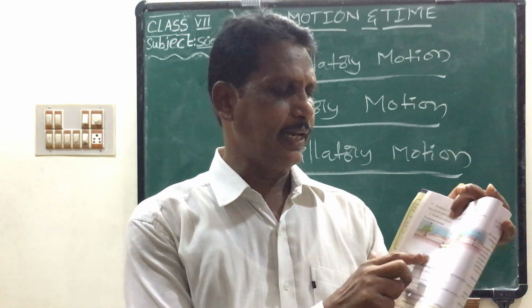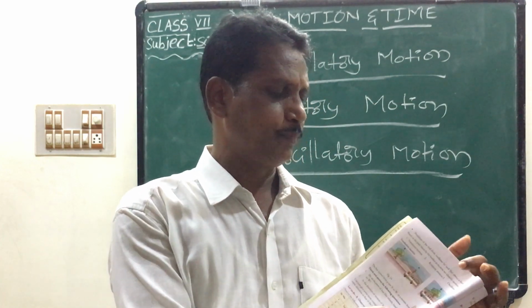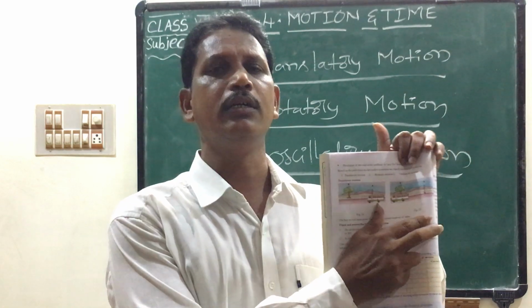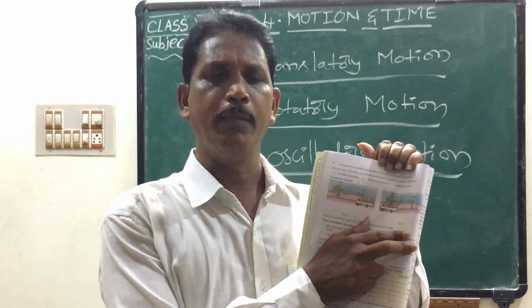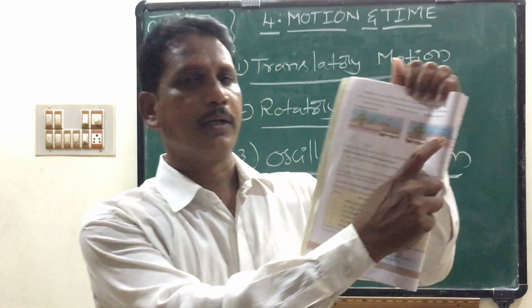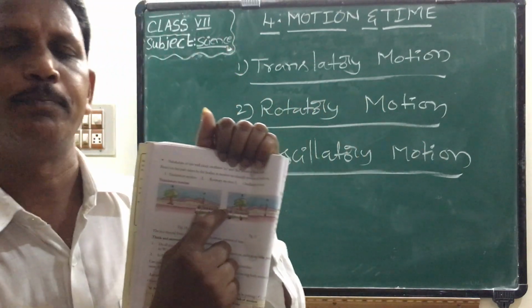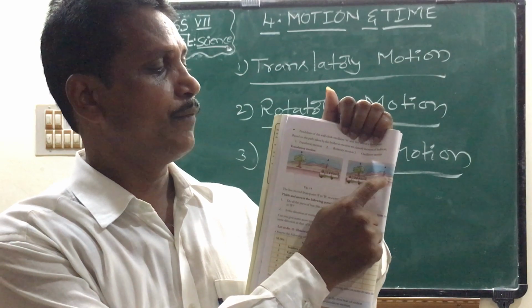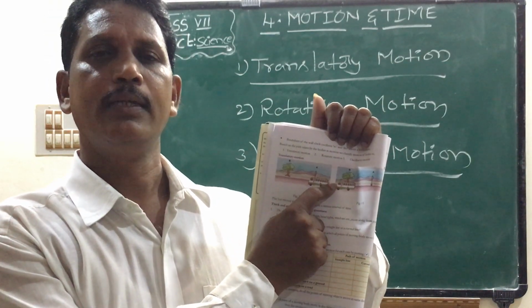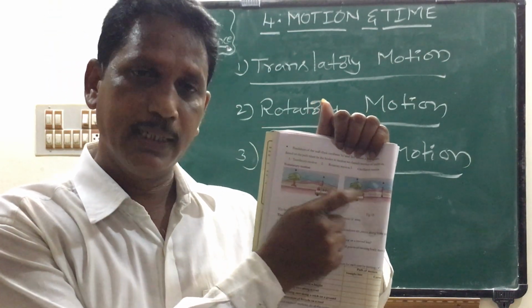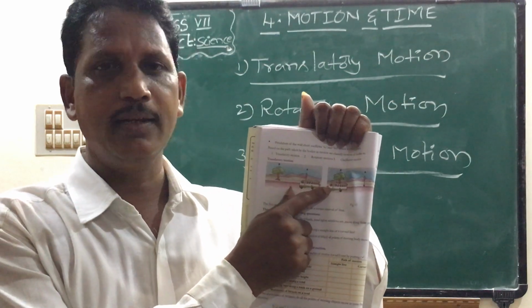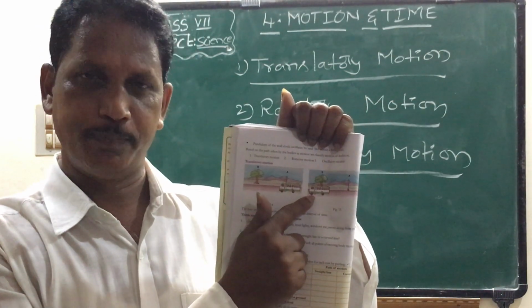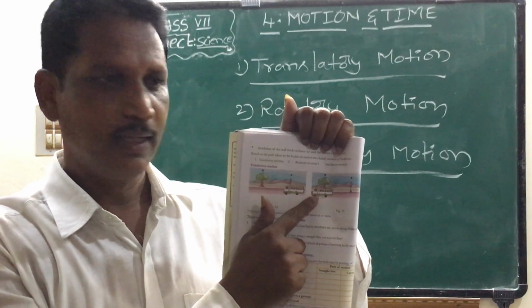Here in this diagram, the bus is traveling from A to B on the straight road. So the bus is in straight line motion, or translatory motion, or rectilinear motion.